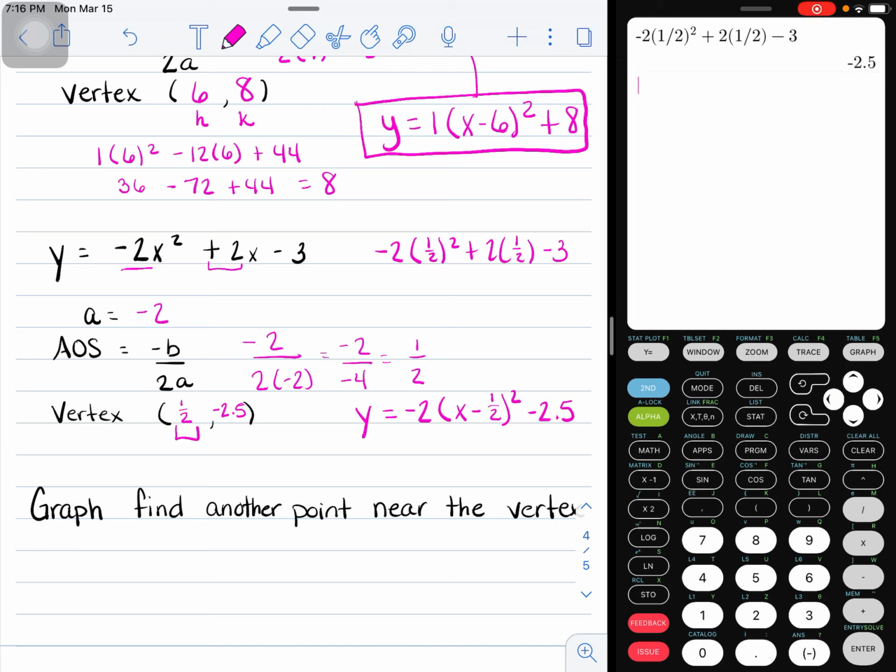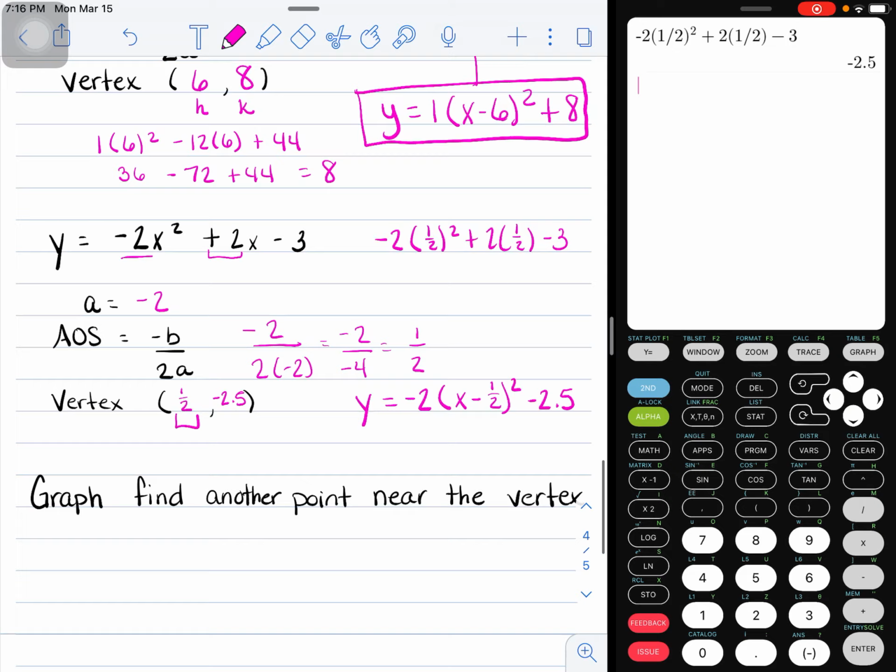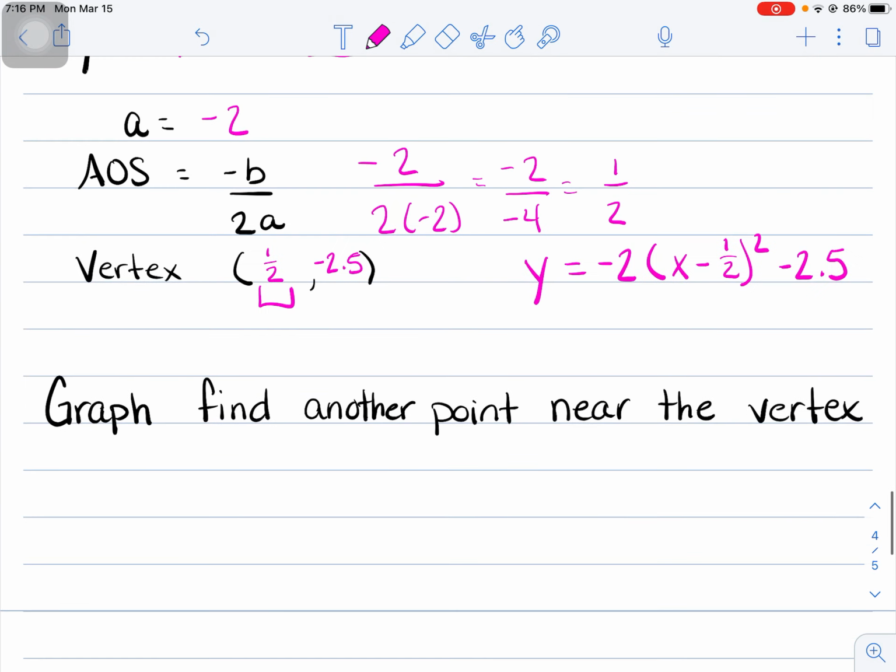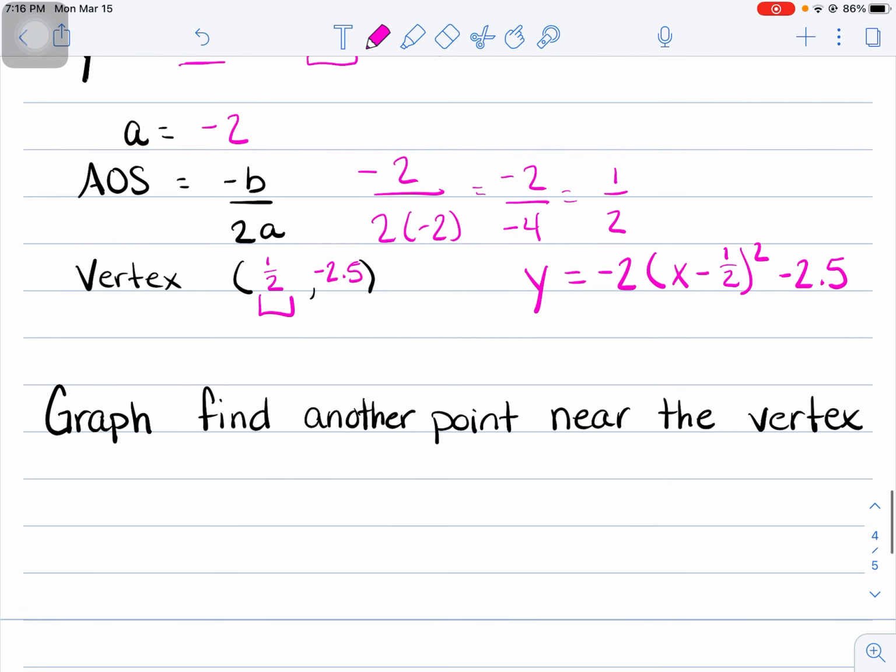And so I'd plug in 0 into my formula and solve for y, and see that gives me another point to then be able to graph. So when you're doing some of the graphs, you'll need to make sure that you have the vertex correct and another point to be able to get the right spots. All right, so let's continue practicing. Go back and refer to these notes whenever you need to.